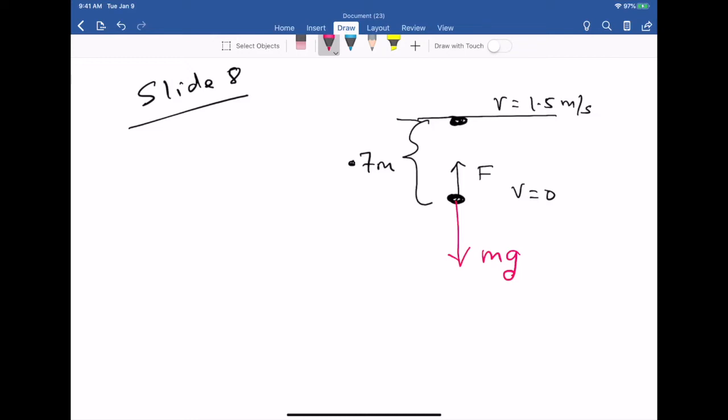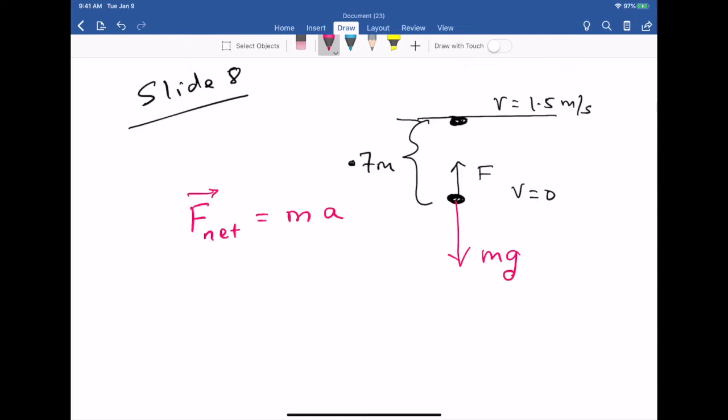So let's apply Newton's second law in the vertical direction. Newton's second law is F net, the net force, equals mass times the acceleration, right? For the net force in this case, you just add up the vector force arrows. I see one arrow pointing upwards, another arrow pointing downwards.